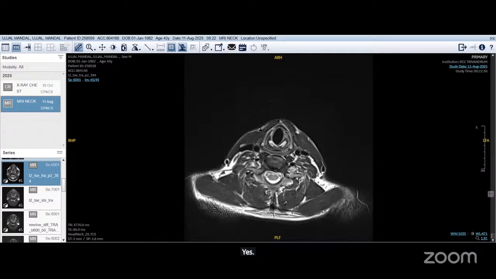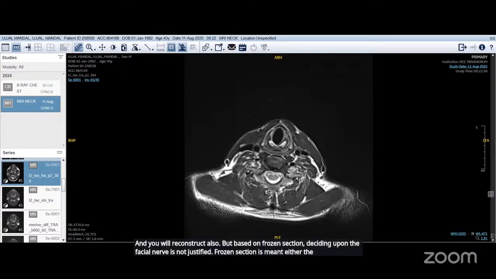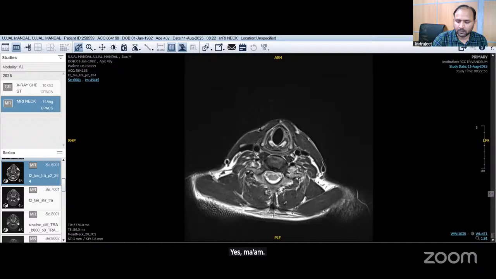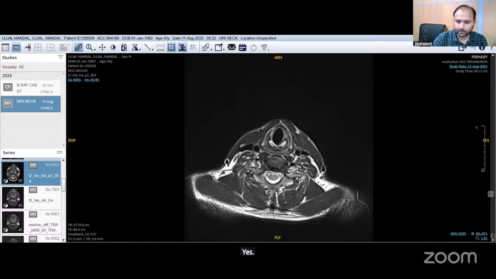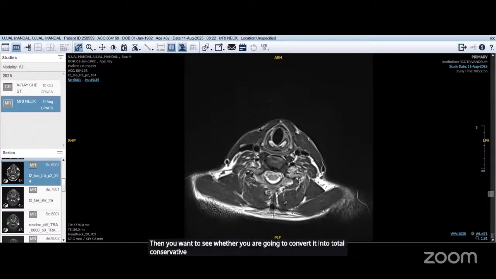Frozen section is meant either for the level 2 lymph node dissection or for the extent of parotidectomy. Suppose you were thinking it is pleomorphic or low grade, and during intra-op you see that it looks like a high grade. Then you want to see whether you are going to convert it into a total conservative or you just want an adequate or superficial parotidectomy.